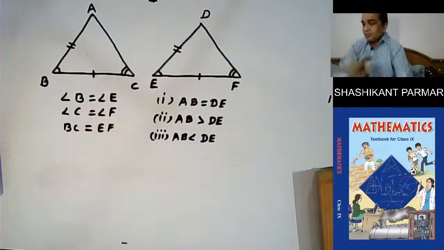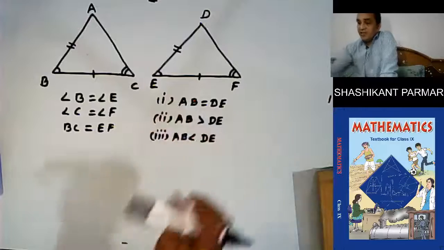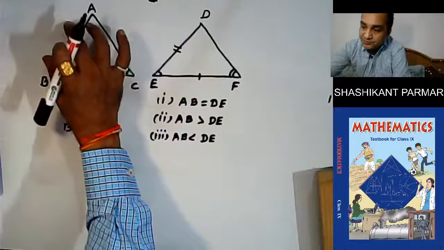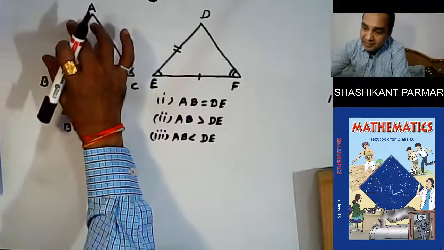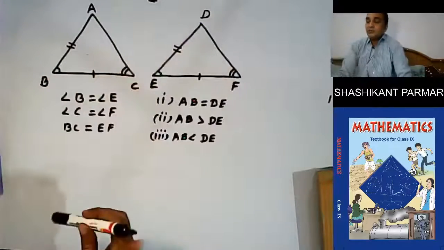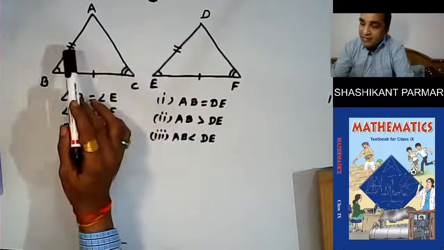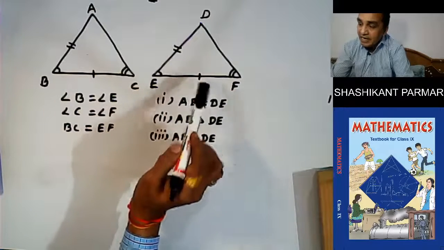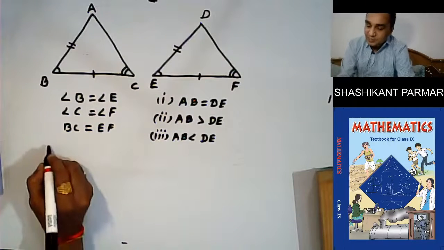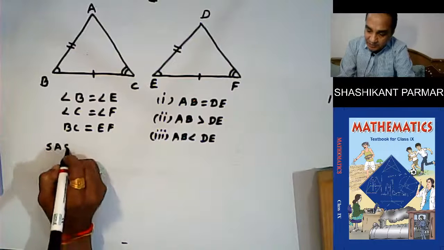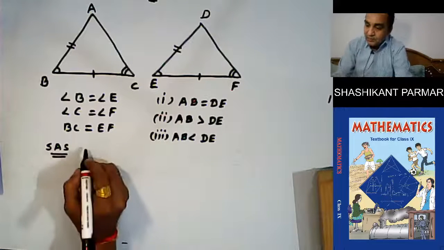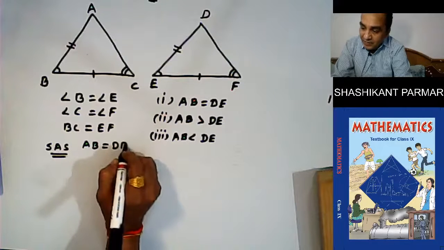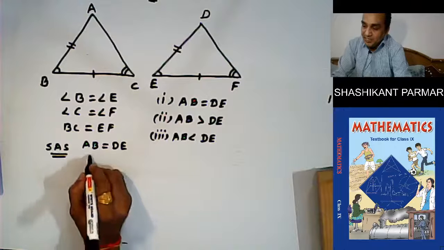Now for case first, if AB is equal to DE, we take AB is equal to DE. So if AB is equal to DE, then by the side angle side axiom, we assume that AB is equal to DE.